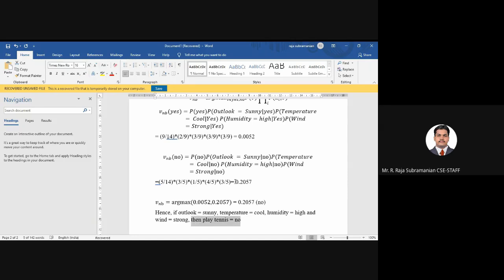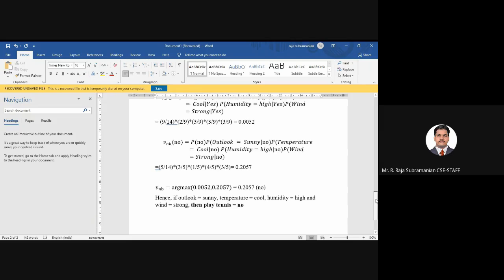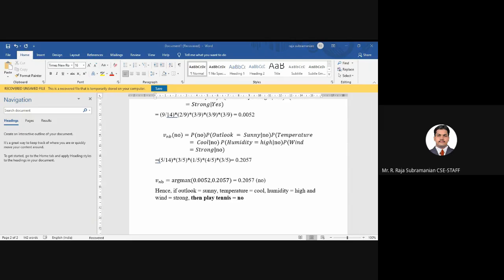Then PlayTennis is equal to no, like the if-then conditions of decision trees. I am making it clear with respect to Bayesian. We have already seen it, just a recap. Right?